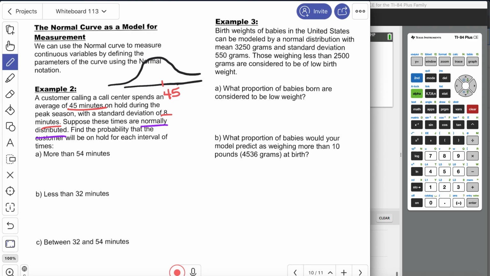Now, we can notate this, and you're supposed to notate this like this. Let X represent the amount of time a customer spends on hold. Then X follows an approximately normal distribution, or a normal distribution, with a mean of 45 and a standard deviation of 8.